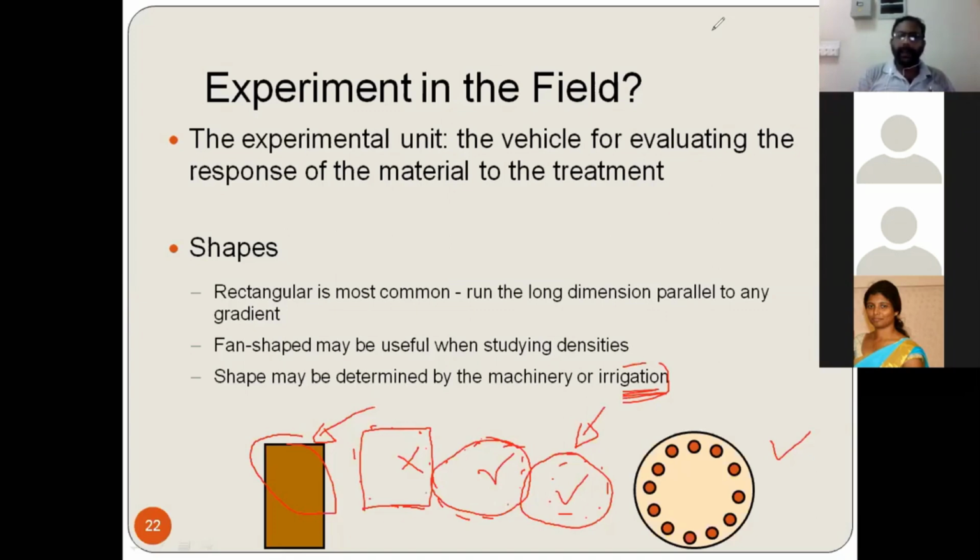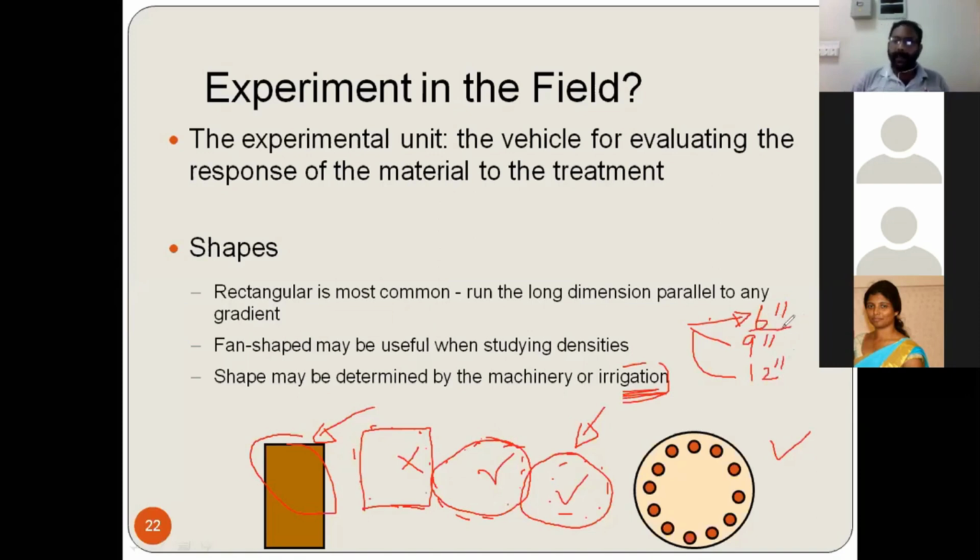Doesn't matter. Now I'm doing a small experiment on this puddling with the tractor. In the first field I'm puddling with 6 inches, in the next with 9 inches, and in the next with 12 inches. Do you understand?